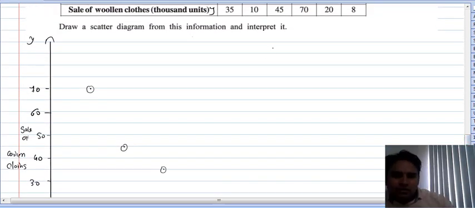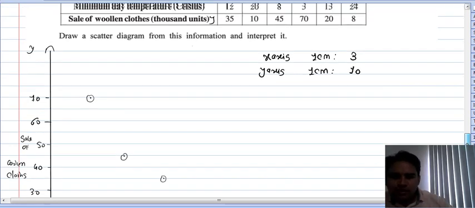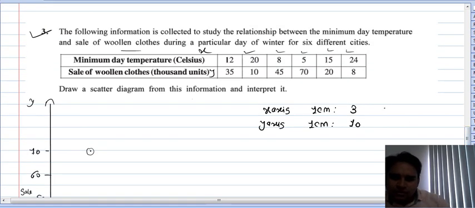Here you can write the scale: on the x-axis 1 centimeter is equal to 3 and on the y-axis 1 centimeter is equal to what? 10. Right, this is Celsius, so you just indicate Celsius here and here the clothes in 1000 units.